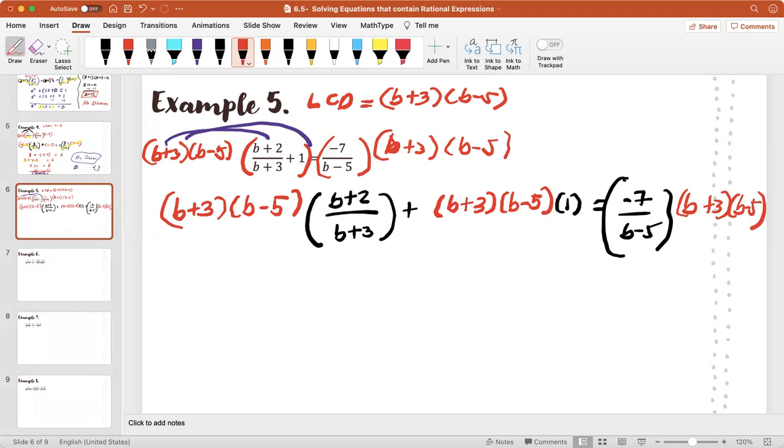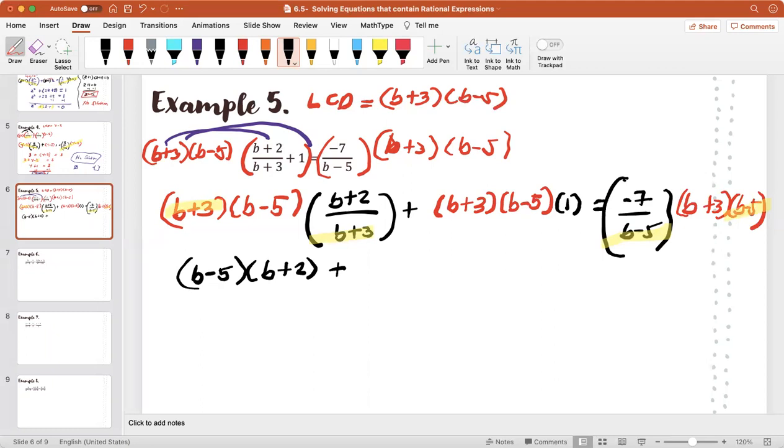We can do cancellation here now. We can cancel b plus 3 here. How about here? Nothing to cancel. Here, b minus 5. Let's rewrite what we have left. We have b minus 5 times b plus 2, plus b plus 3 times b minus 5 times 1.